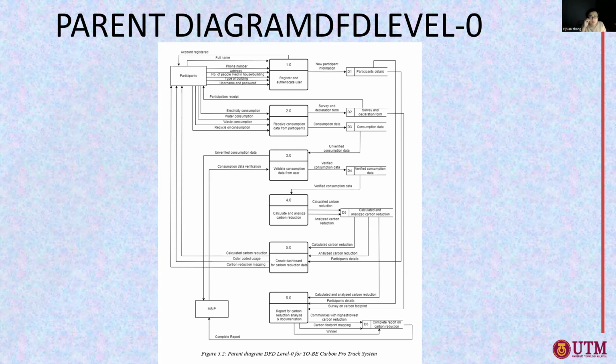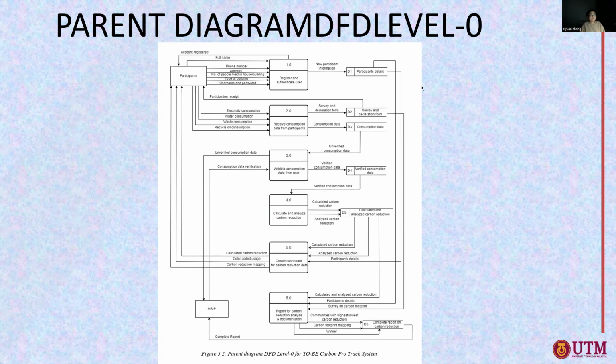This diagram is the cornerstone of our project, detailing the systematic process, external entities, data flow, and data stores, pivotal in our quest to track and reduce carbon footprints. This diagram encapsulates the entirety of our process, ensuring a streamlined approach to environmental stewardship.